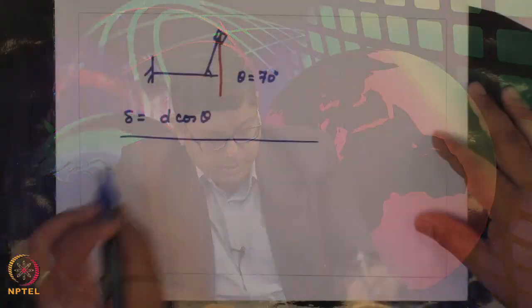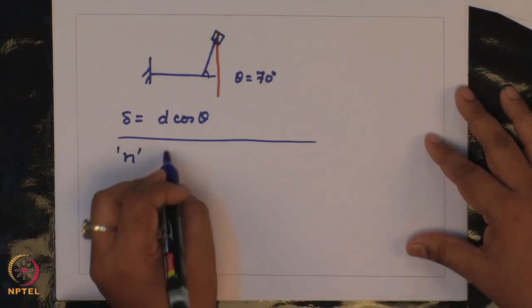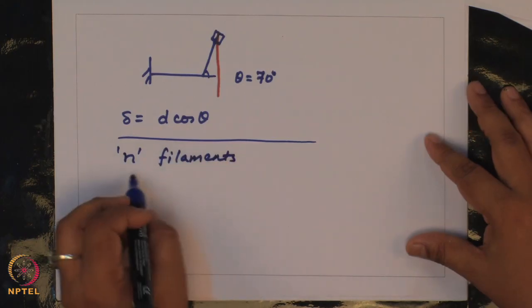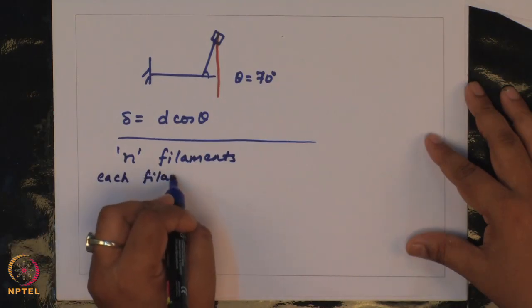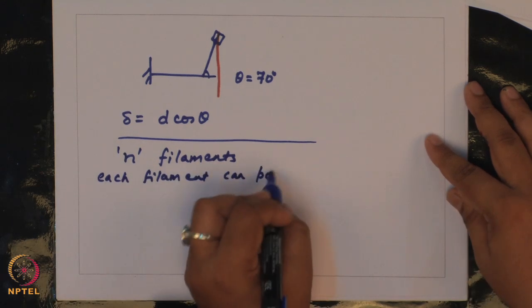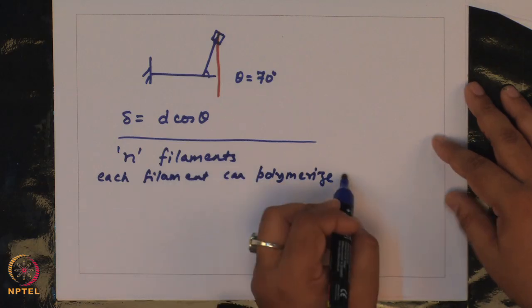So, given a filament, you can have 3 events, right. If there are n filaments, then each filament can polymerize. So, how many possibilities are there?